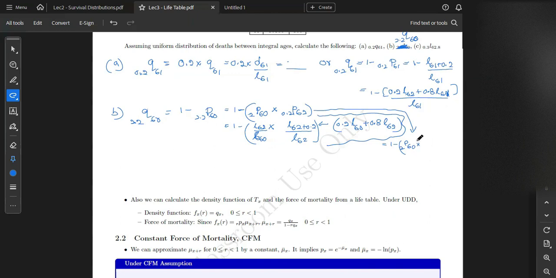If you want to use this first equation, then you need to use this fractional survival age into the death probability again. And now it's like this. So it becomes more complicated. I want to show that you need to pick the shortest path.